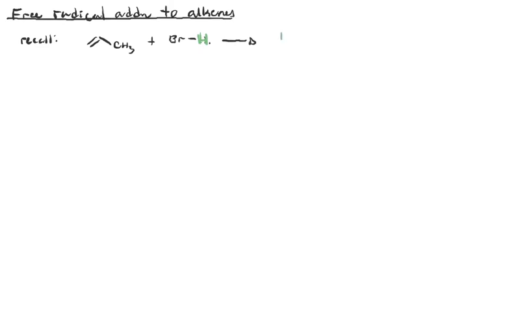We said when we did HX addition, for example, addition of HBr to propene, we end up with the bromide attached to the more substituted carbon of the alkene. Okay, and this is what they refer to as the Markovnikov product.